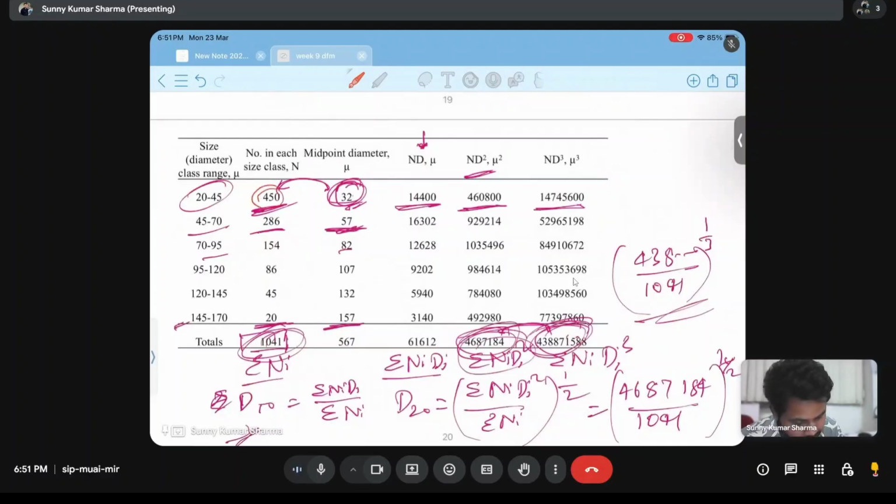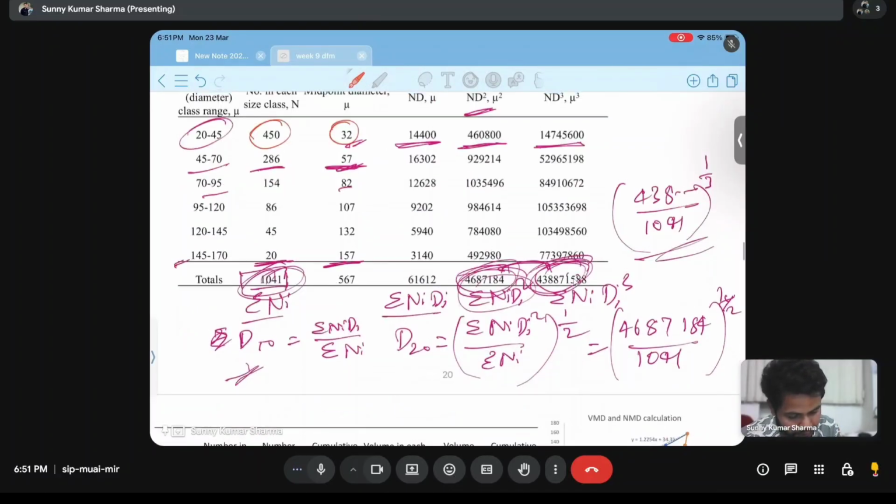For 450, 32 droplets are there. For 32, there are 450 droplets, and 450 is how much percentage of this total number of droplets?